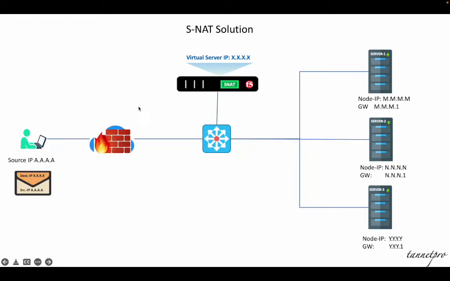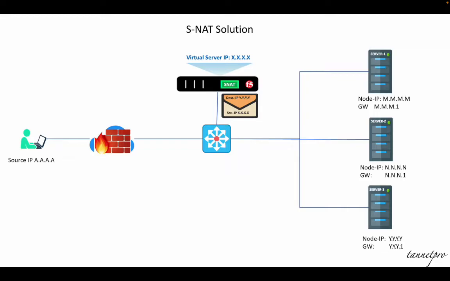In that case, again, as I explained earlier, your source would be a.a.a as the source IP, and the destination will be your virtual server IP. It will send to your F5 box or your virtual server, and it will receive the packet. Right now it will change the destination according to the load balancing algorithm, and if you notice, it will also change the source.